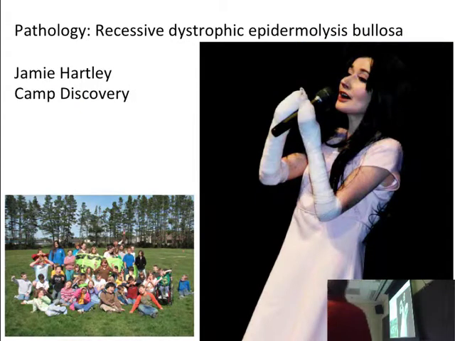There was another woman at this camp. She died a year ago. Before she died, she was the oldest living person with recessive dystrophic epidermolysis bullosa. She was a Mormon, lived in Utah. I met her at the camp. She had a really beautiful singing voice.